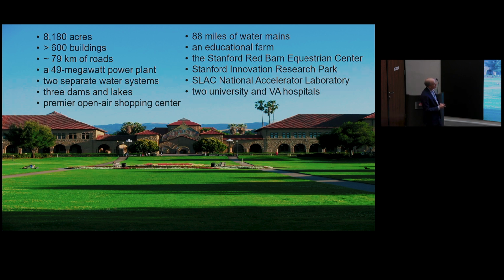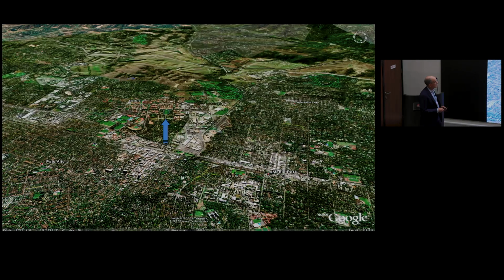That's not because students and faculty shop there, but it's a big place. We have the Stanford Linear Accelerator Complex, which is a large beamline with X-ray scattering and other coherent light sources that we use quite extensively in our research. So there's a lot of facilities, and you see here a picture.